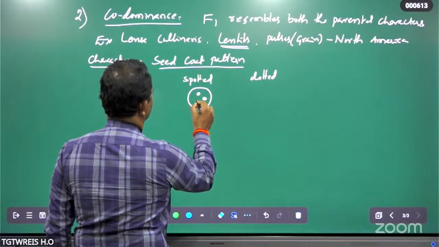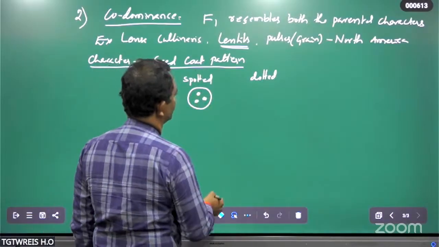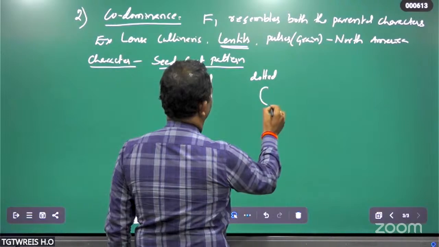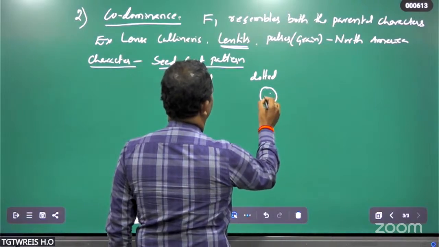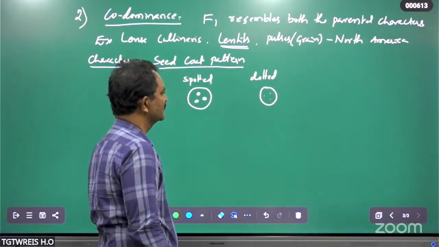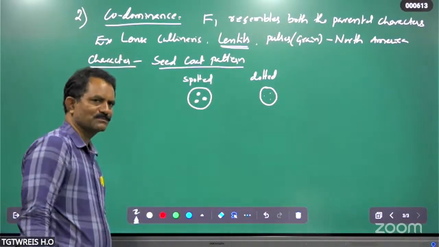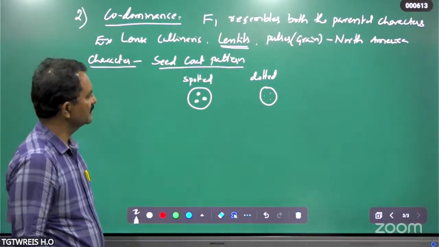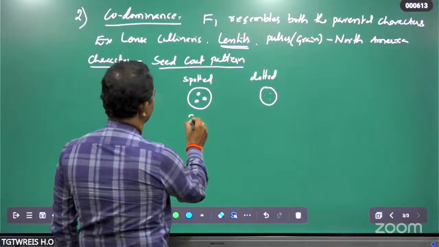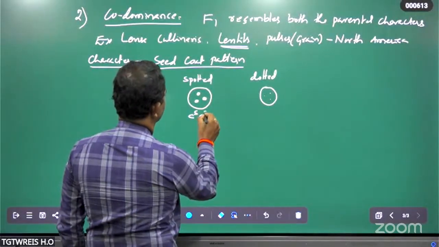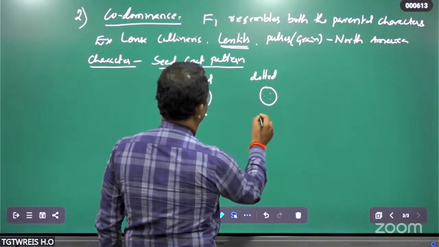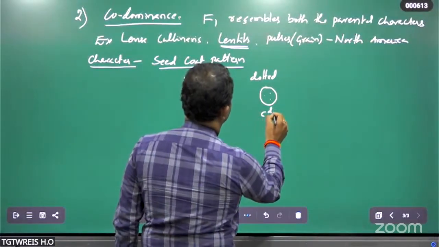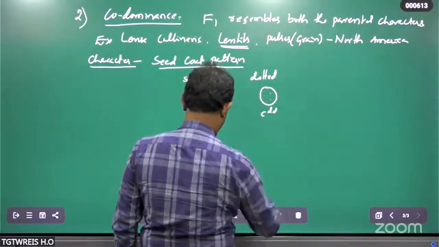These are the spots. Spotted seed. It is the dotted seed. The plant with spotted seeds and the plant with dotted seeds. CS and CD.